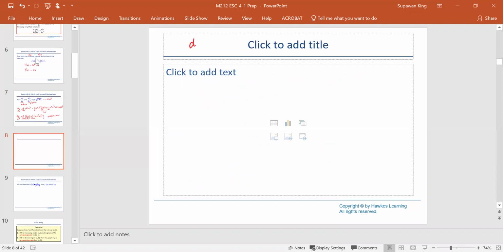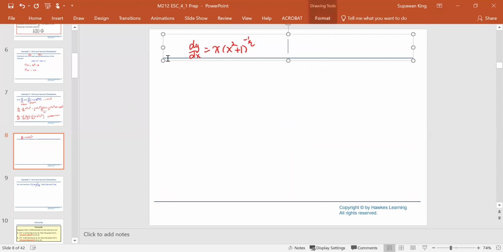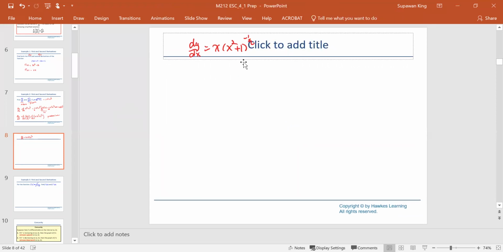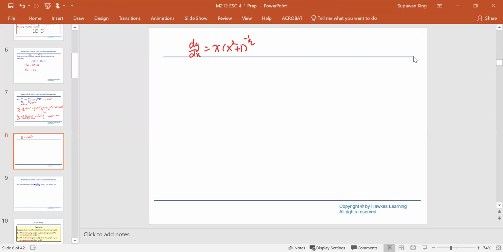From dy by dx as x times x squared plus 1 to the power negative 1 half, find the derivative, which is the second derivative.